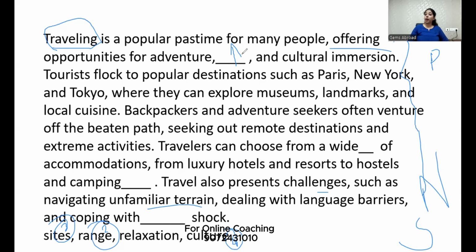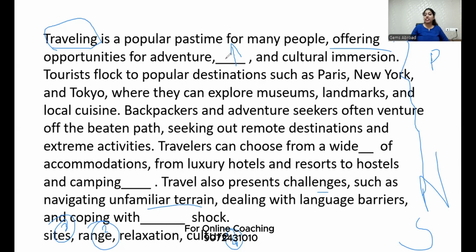It is mentioned as a pastime for many people, and it also presents challenges such as navigating unfamiliar terrain, dealing with language barriers, and coping with dash shock, culture shock. So the rest of the options are what? Adventure. For many people it seems to be an opportunity for adventure, to know about something new.